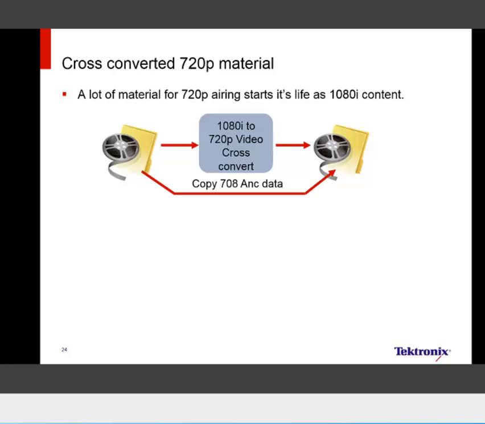One of the easiest ways to cross-convert material, if you are not going to run it through and reflip it, is to set up a playout device, set the output of that playout device to 720, set up a second device to record that 720, and then a lot of people try to just take the line 9 data, which is the captions, and copy it across.